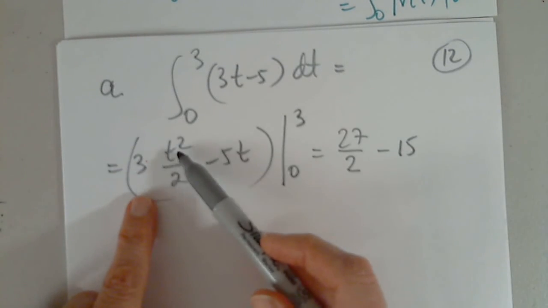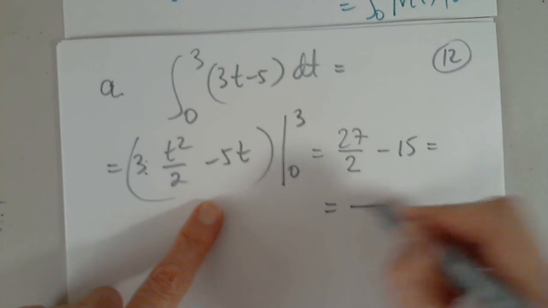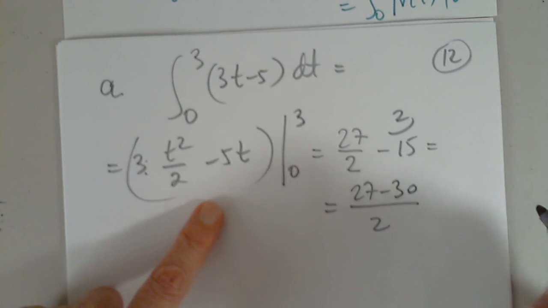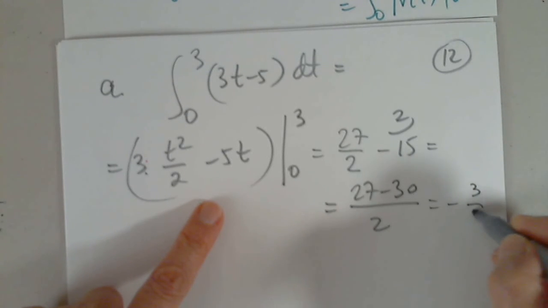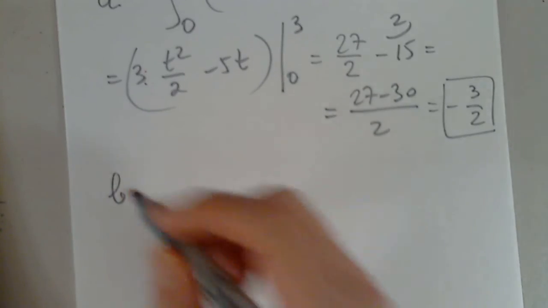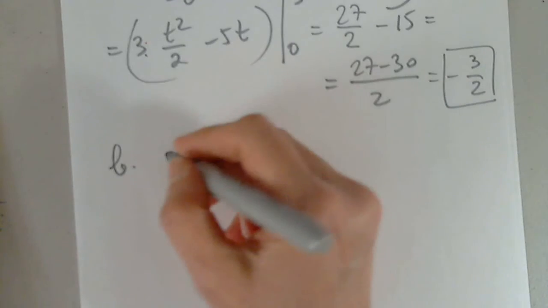Least common denominator 2, so this is 27 minus 30, and the answer can be negative.